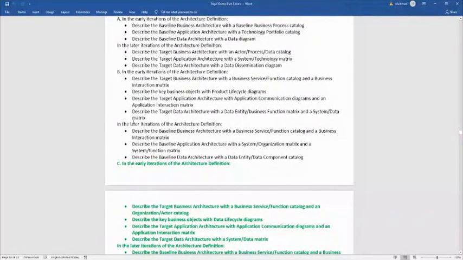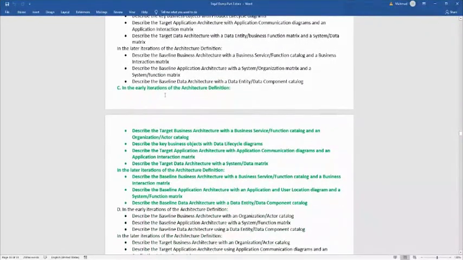For this question, the answer is C. In earlier iterations of the architecture document, describe the target architecture with the business service function catalog and an organization actor catalog, the respective business process with the data lifecycle diagram, target application architecture, application interaction matrix, and business target data architecture.